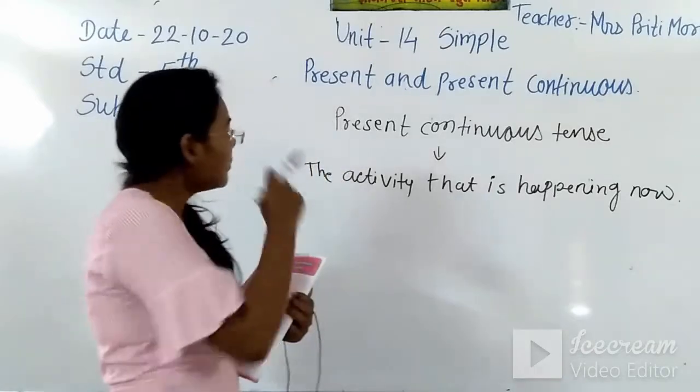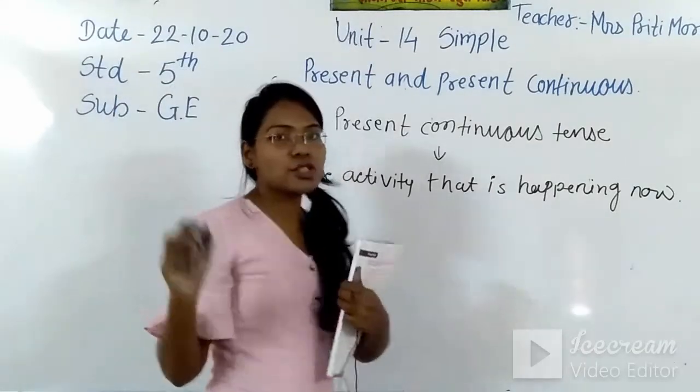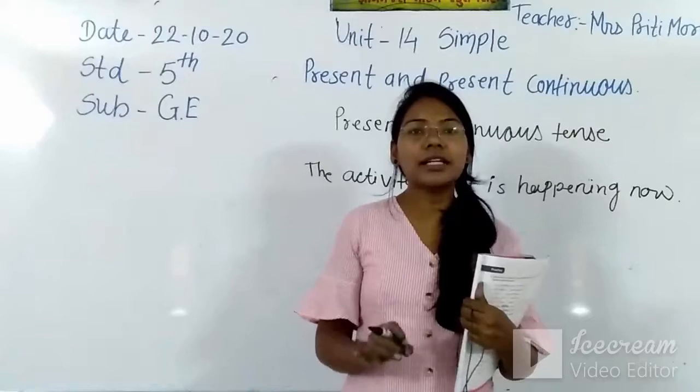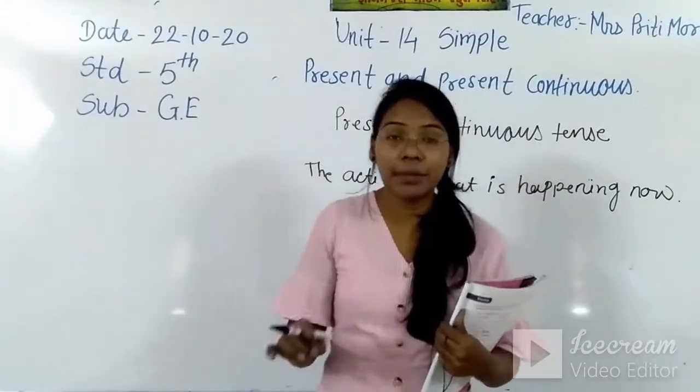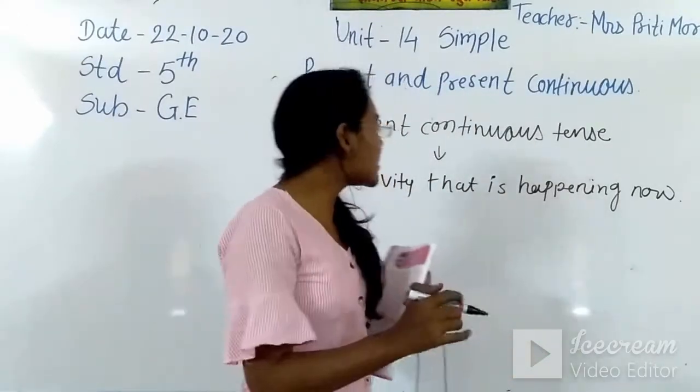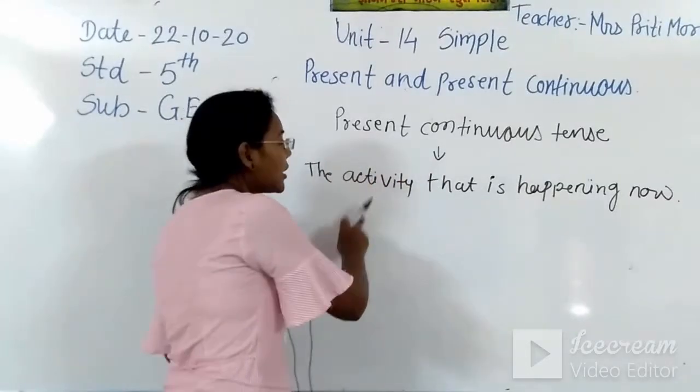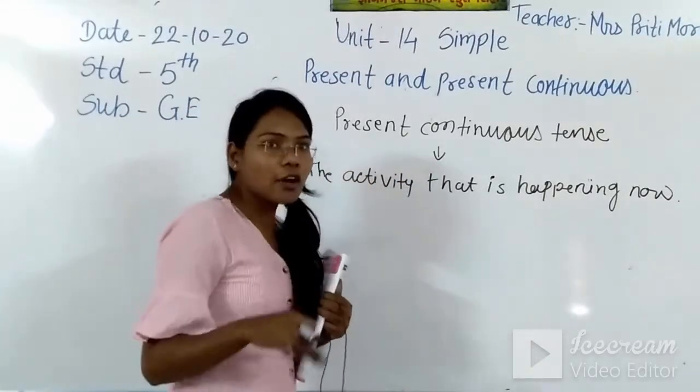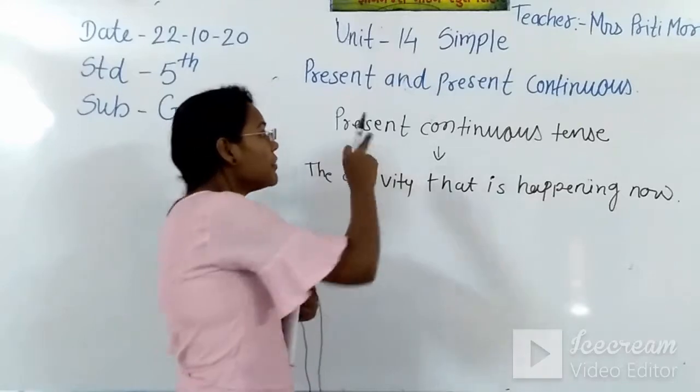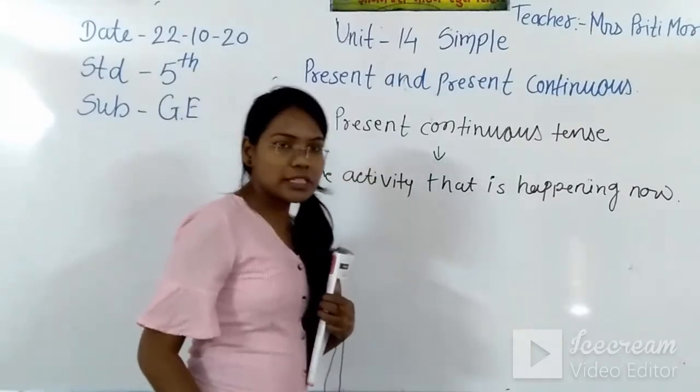Or we use the present continuous tense to show the action is going on right now, that the action is happening right now. That means to show the activity that is happening now, that is going on now, we use the present continuous tense.